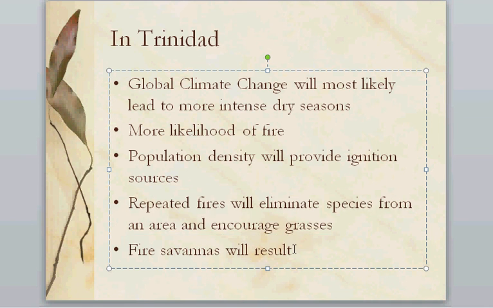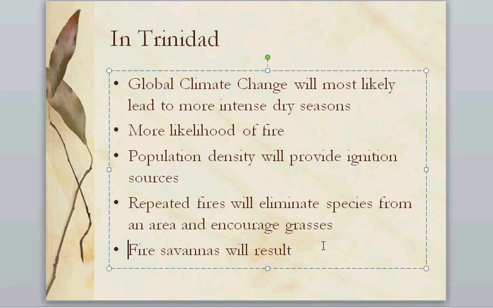In Trinidad, global climate change is most likely predicted to lead to more intense dry seasons. Now, more intense dry seasons means that the rainforests in Trinidad are more likely to be vulnerable to fire.